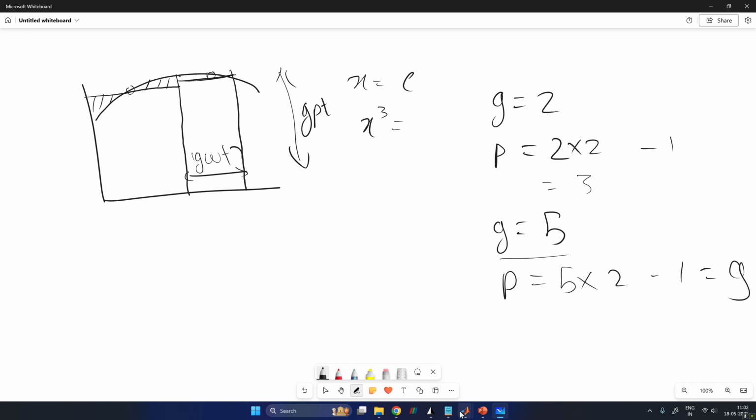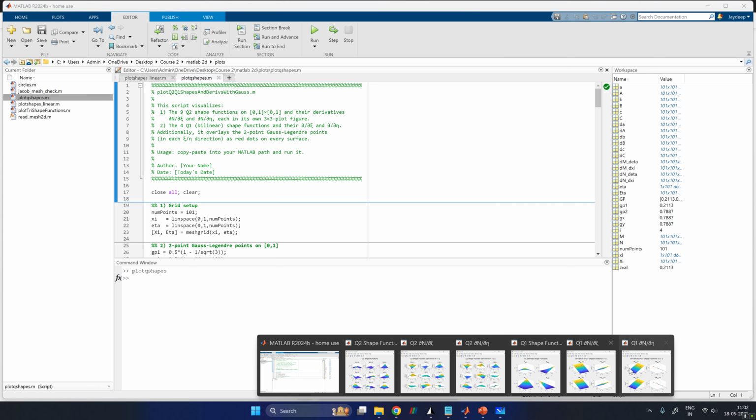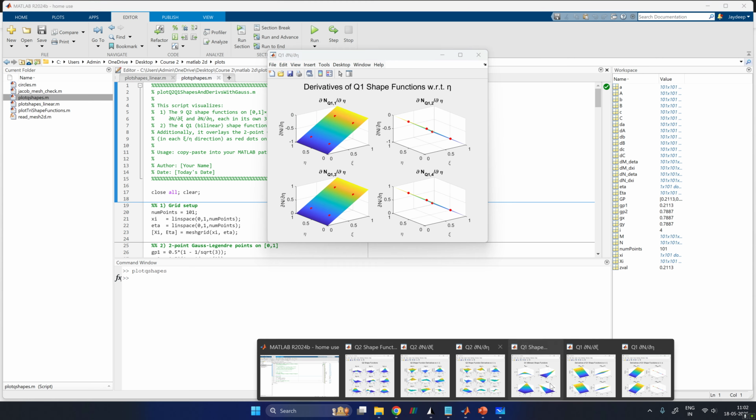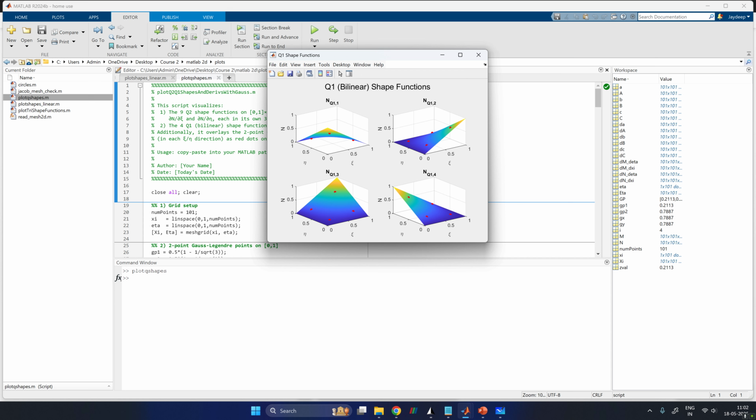And in case of 2D functions, we'll have a very similar case, just that we'll have Gauss points which are just the 2D Gauss points. In case of quads, they are really similar to the 1D Gauss points, but now you just have x and y coordinates. So these are your 4 Gauss points at which the actual integral is evaluated, and these are your simple linear Q1 shapes.